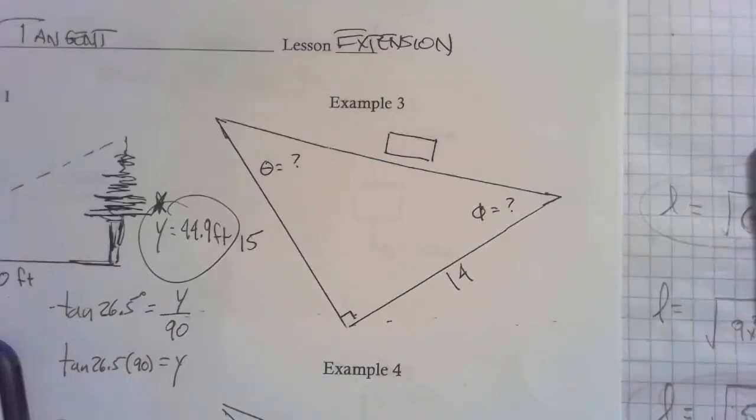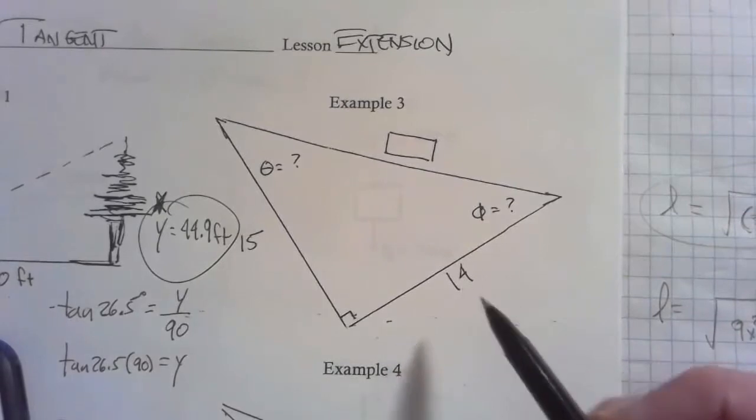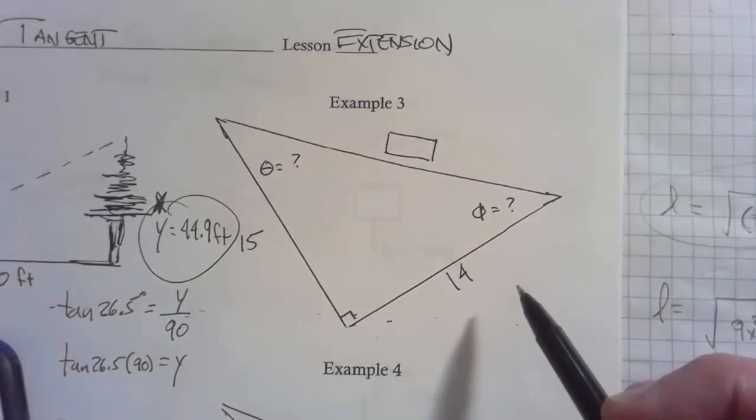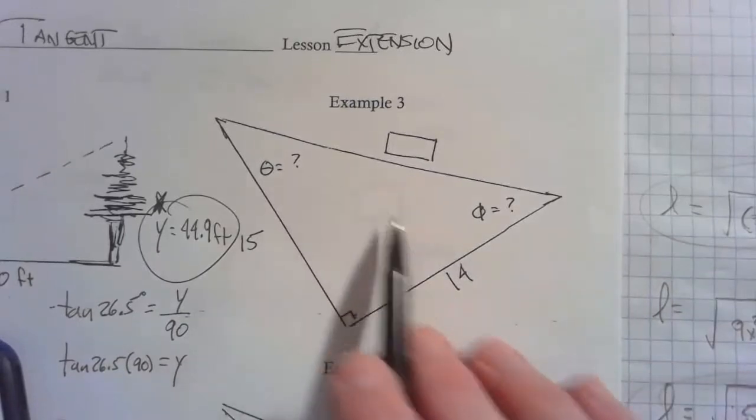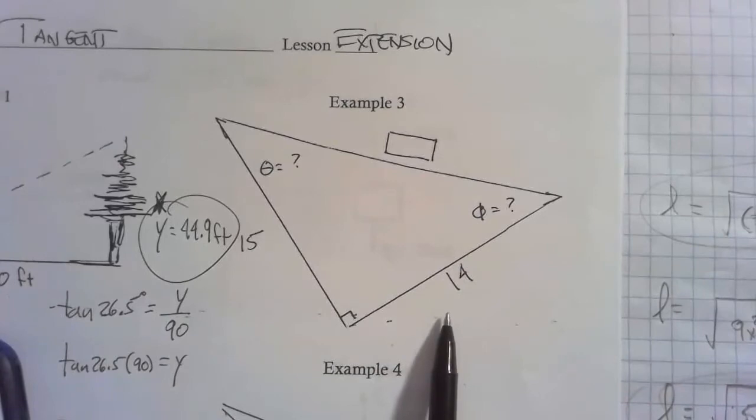With these next two, we're just going to find all the missing sides and angles again. So here I have, I really only give you one side. Let me think on this for a second. I don't think I gave you enough information, did I? No, I didn't.